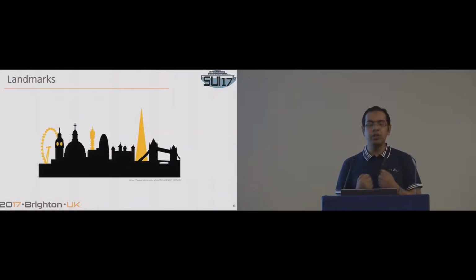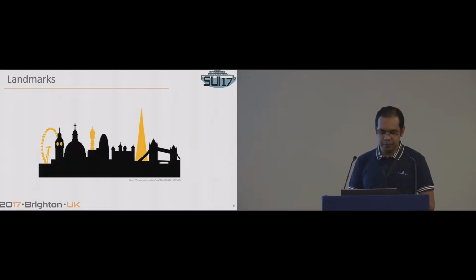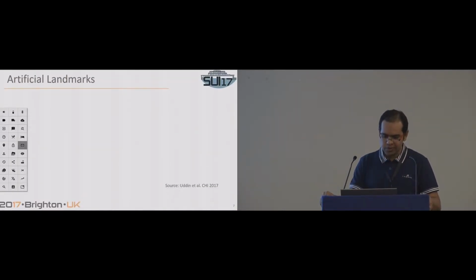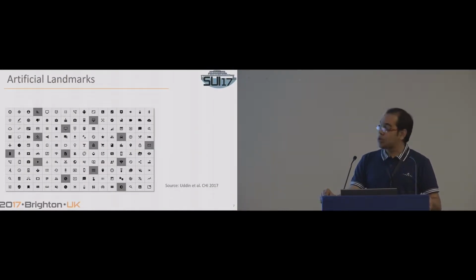So let us see how we remember different locations in real life. We use different landmarks to remember different locations, and we refer to those landmarks to know the places nearby. For example, using the Tower Bridge of London, we can remember nearby places such as the Tower of London or the Elizabeth Tower, which is known as Big Ben. Landmarks are also useful in computer interfaces.